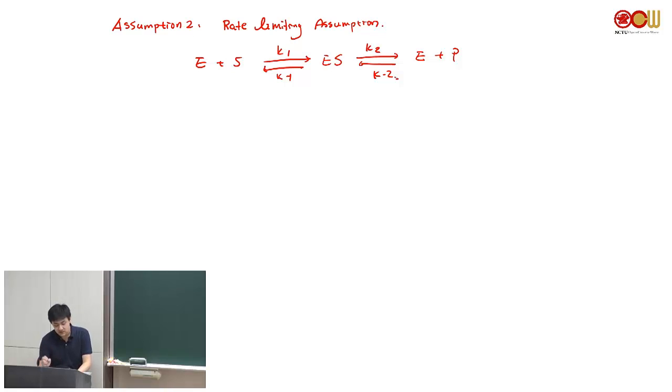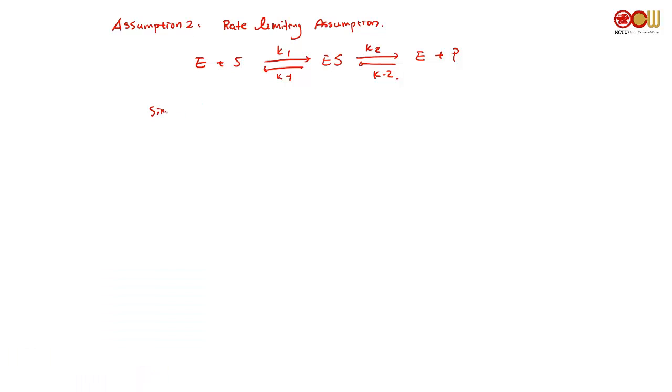So here, essentially, since for most reactions substrate concentration is much greater than the enzyme concentration, we know that E + S to ES is going to be very fast.